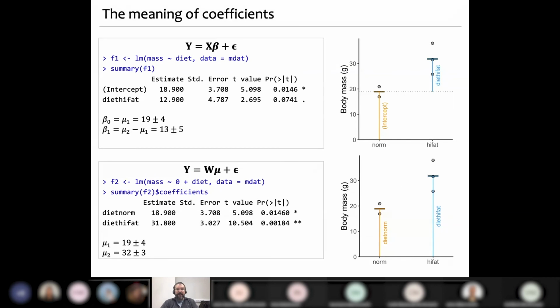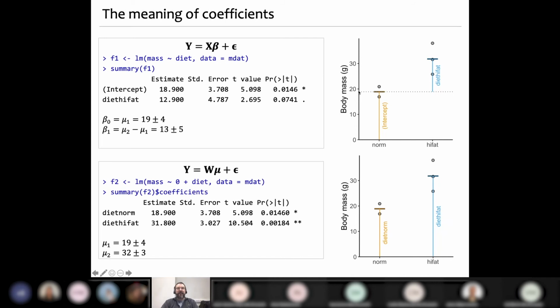The figures on the right visualize model coefficients. They show experimental data as points. The short horizontal bar corresponds to the mean of each group. In the top example, we use intercept and contrast. The intercept is the mean of the reference group, and we specified by ordering factors that the reference group is the normal diet.